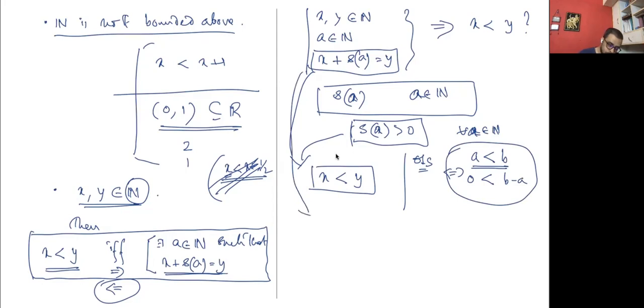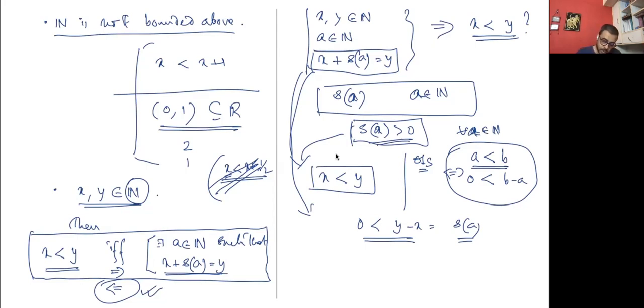Now you can see it immediately. This should happen whenever you have 0 less than y minus x. Now y minus x is, by your assumption, S of a, and S of a you know is positive. So you are done. So one direction of this implication is fine. You don't have to worry too much about this.